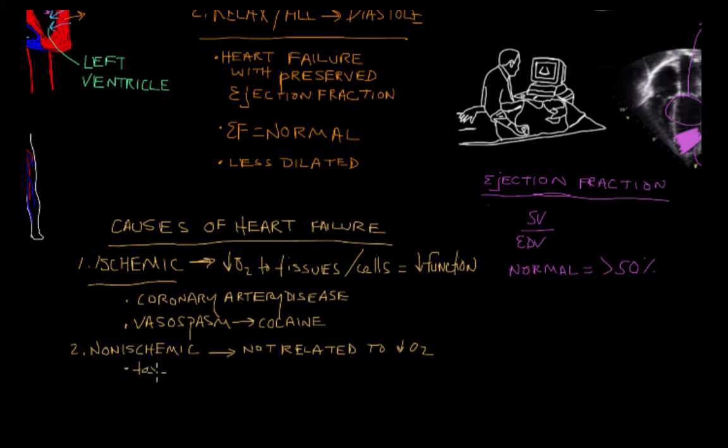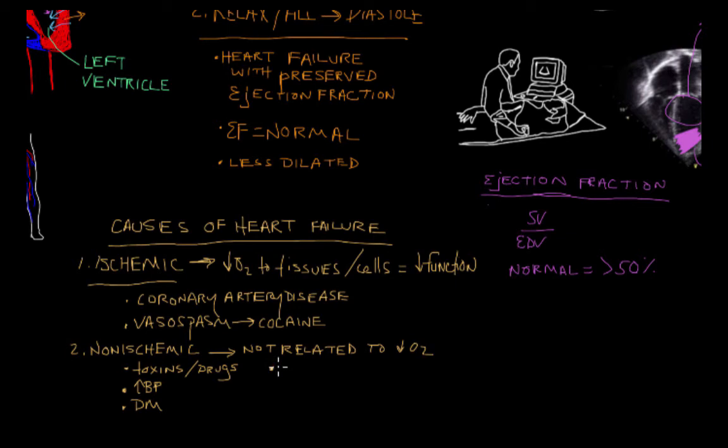First of all, you can have toxins or drugs that directly harm the heart muscle. High blood pressure over a long period of time can lead to heart muscle damage. Diabetes mellitus, or DM.